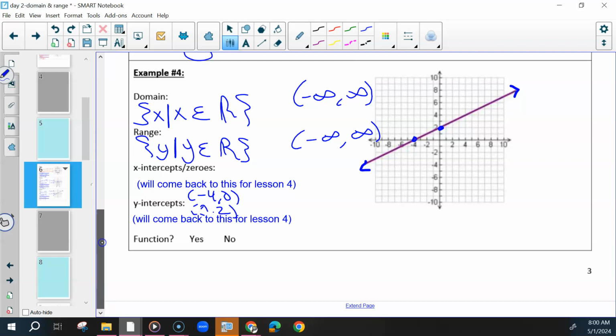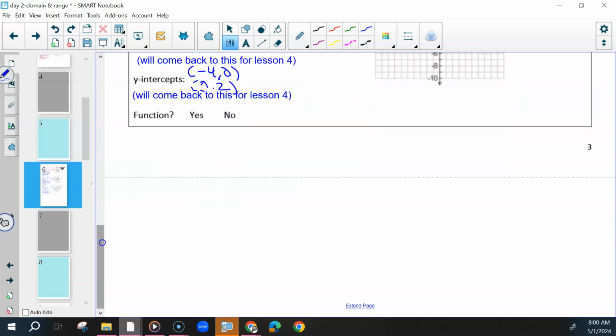Is this a function? Yes. Do you have any questions on our notation or anything so far? I want you guys to try the next one.